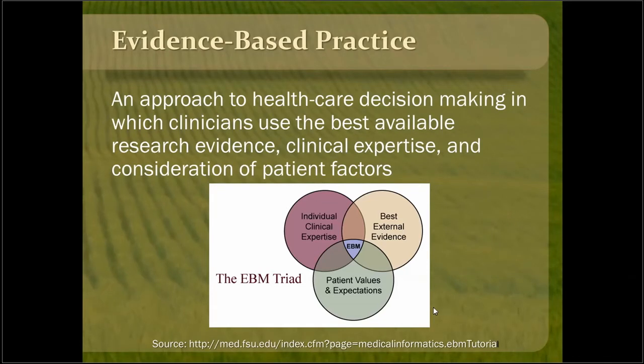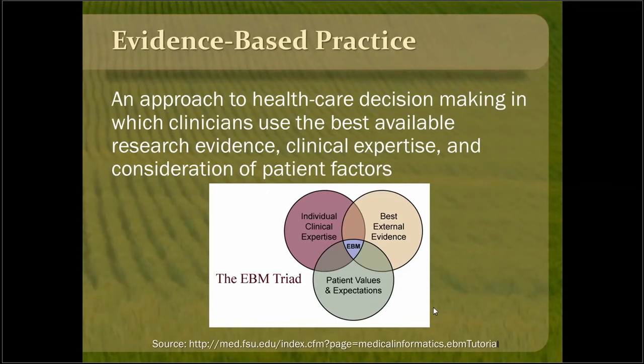We'll start with the first part there, best external evidence, and I think this is probably what gets the most attention in evidence-based discussions, but it's not the only part, and I think that's where a lot of people have some misconceptions about what evidence-based approaches are.